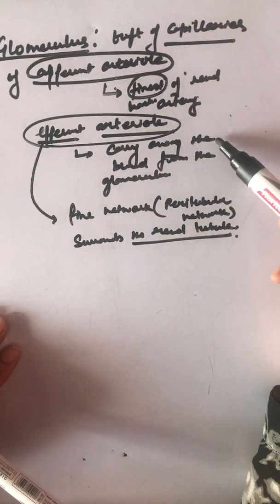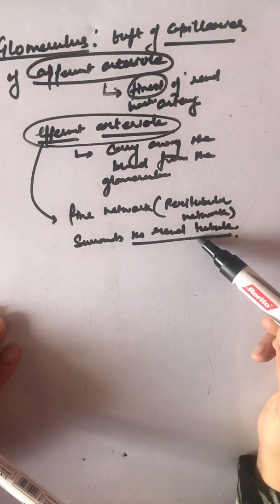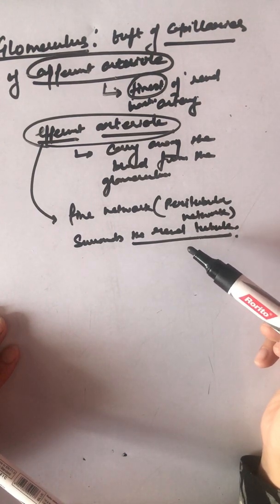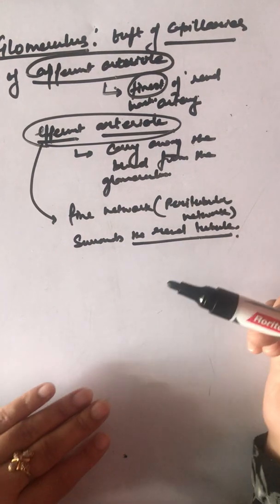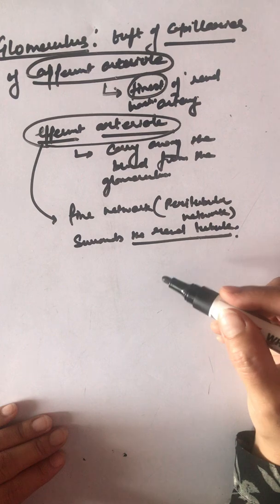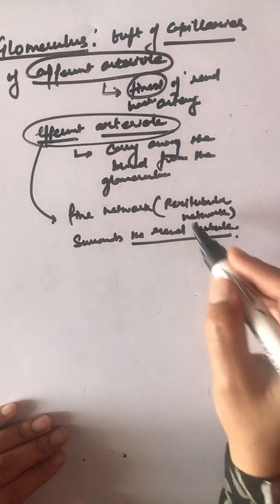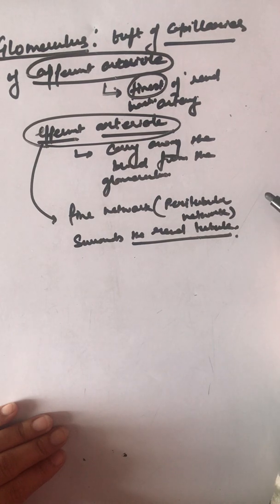Another one carries away the blood from the glomerulus. It forms a peritubular network also around the renal tubule so that whatever blood is being filtered out and is considered as now impure along with the unabsorbed material by the tubules is sent to this finer branch and is carried away to the heart.